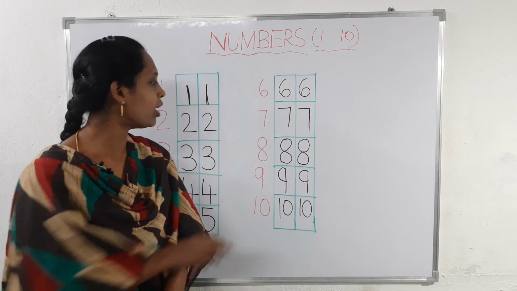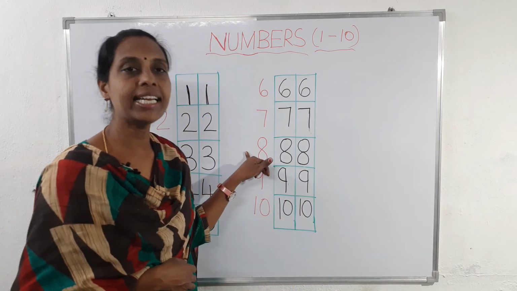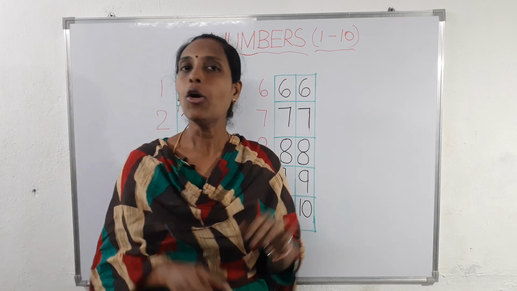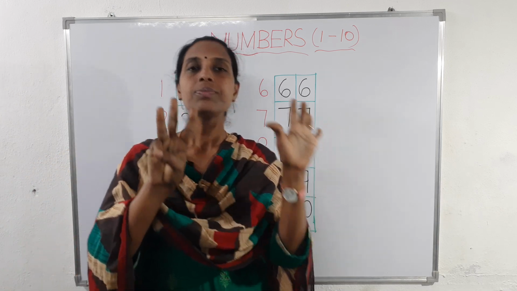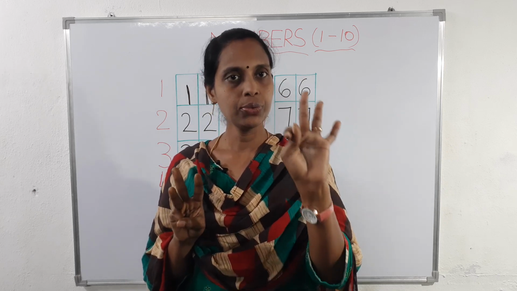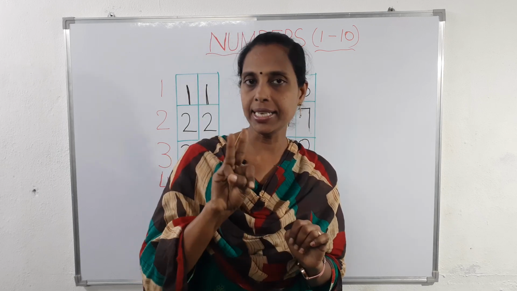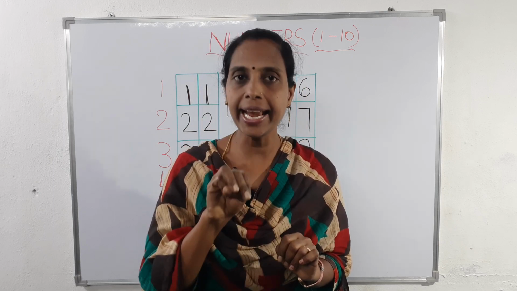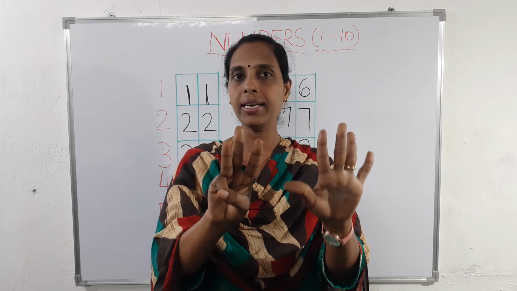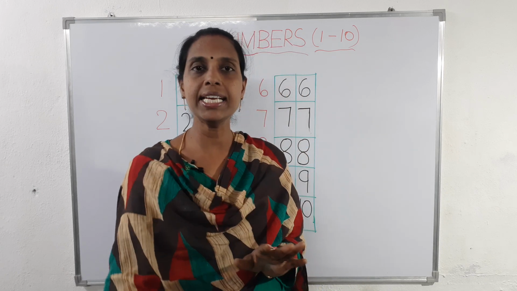Okay, children. Next, what is the next number? 8. Open 8 fingers, all of you. Count along with me. 1, 2, 3, 4, 5, 6, 7, 8. Total, I have opened 8 fingers. We can count the pencils.